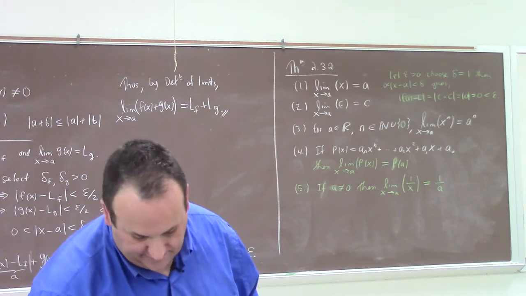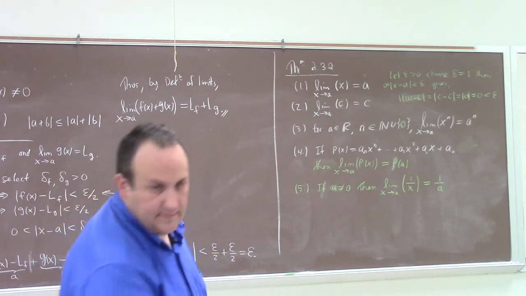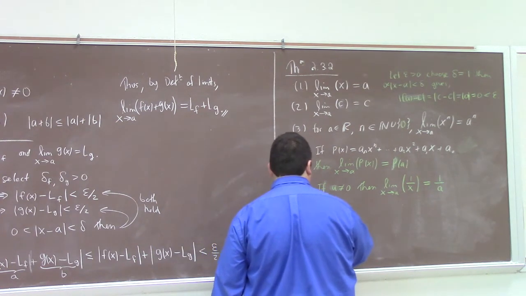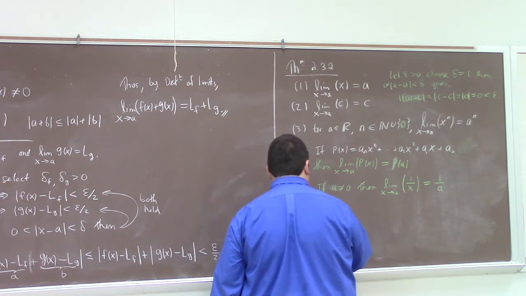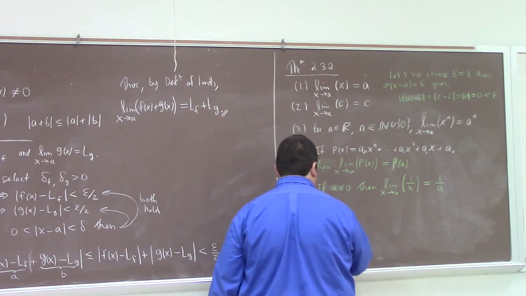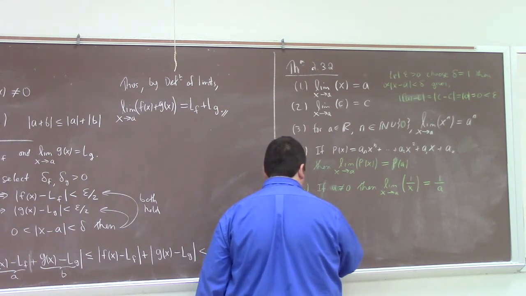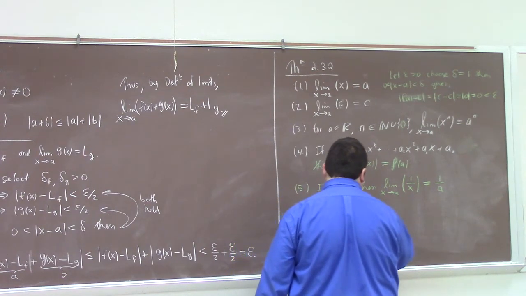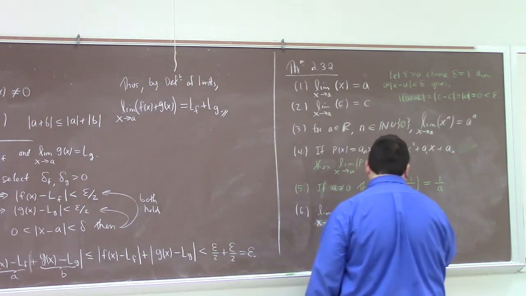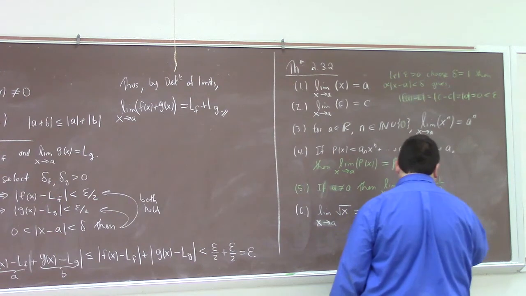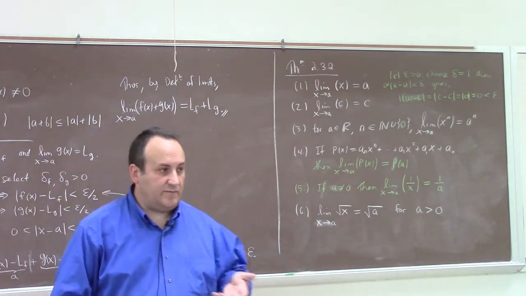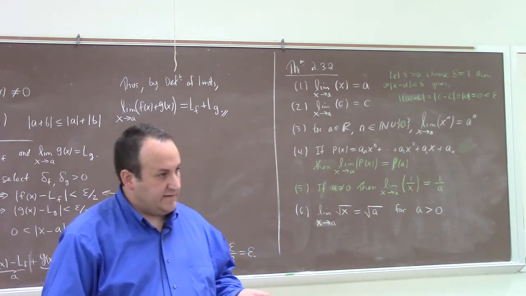You can see where I'm going with this. The limit as x goes to a of the square root of x is equal to the square root of a for a greater than 0. Now, at 0, we can only approach from the right, like we talked about last class, right?